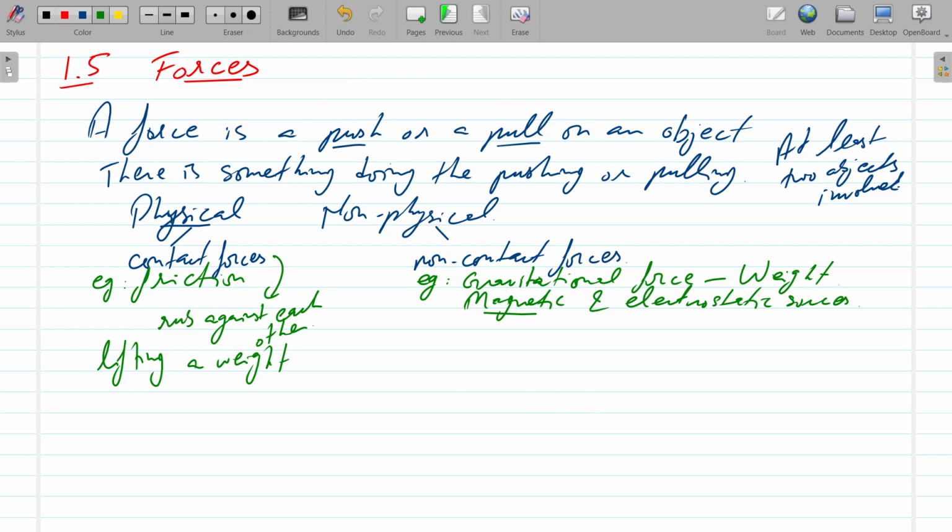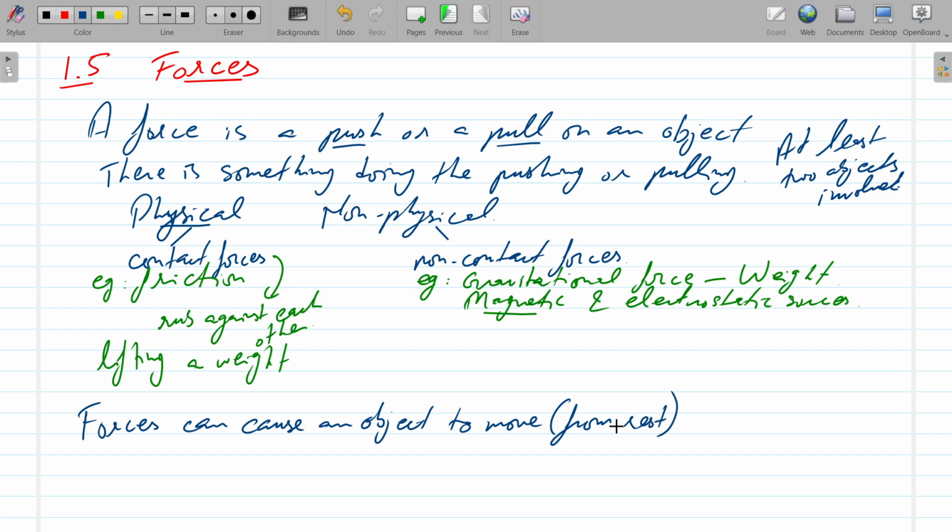Okay. So with that introduction, what do forces do? Well, forces can cause an object to move from rest, meaning that it's not moving, so from no motion to motion.